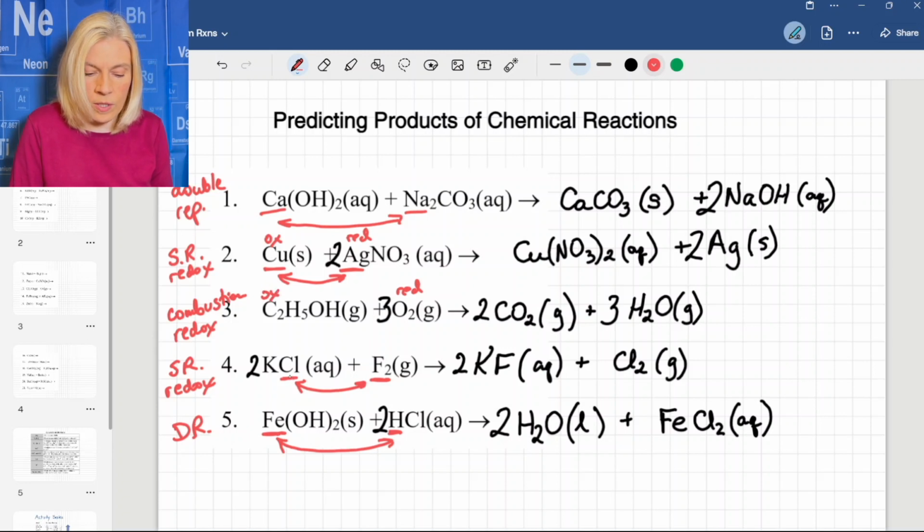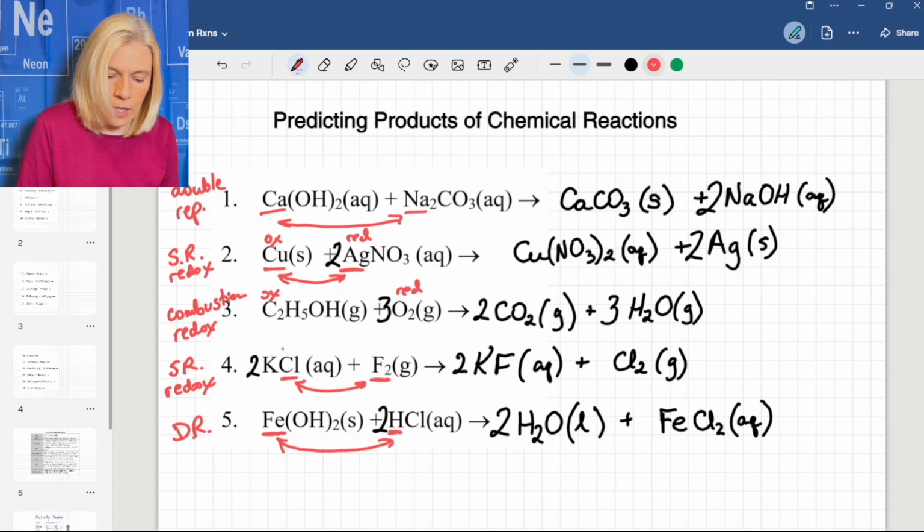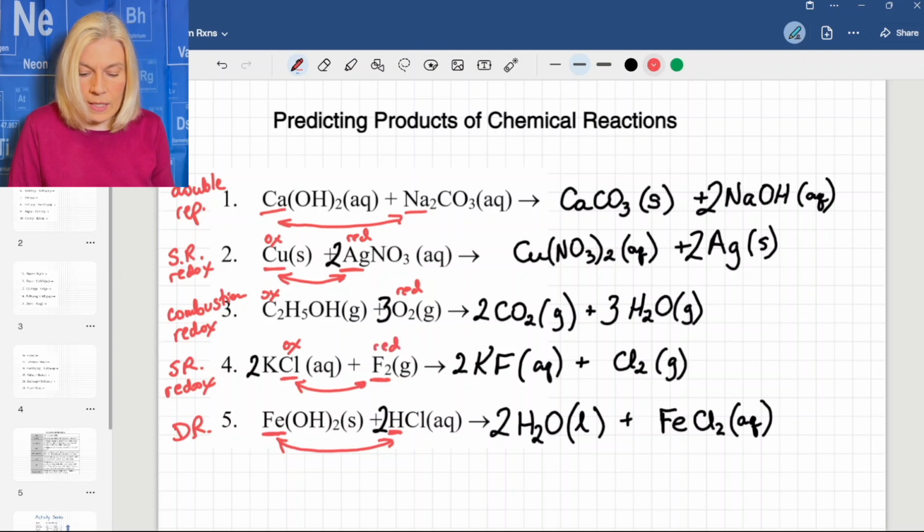Here we have chlorine that's negative, and now it became neutral. So chlorine, negative to neutral, lost electrons, oxidized, and fluorine is neutral, gained electrons, reduced. Yes, and double replacement reactions, remember, are never redox.